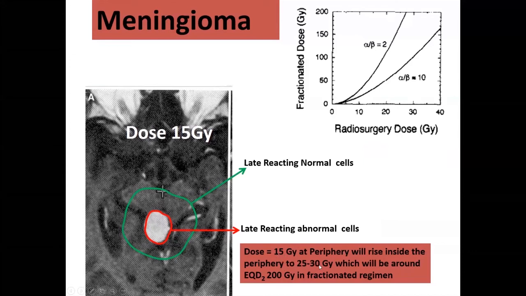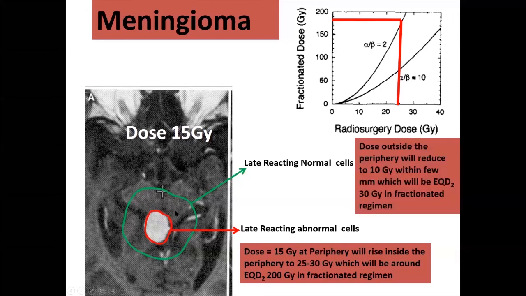Now, if you come to this graph, 25 to 30 gray will result in an EQD2 of more than 150, almost 170. I mean, with any modality of fractionated radiotherapy, you cannot deliver such a high EQD2, which is possible with SRS. Similarly, in the surrounding normal tissue, you see there is a sharp fall beyond this target.